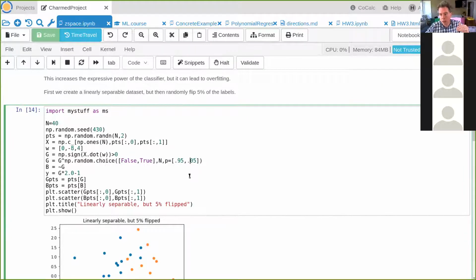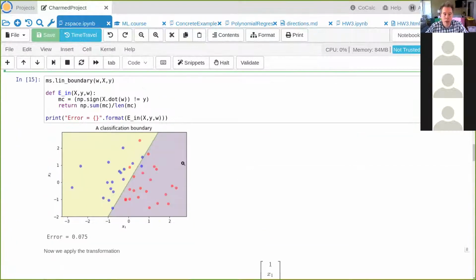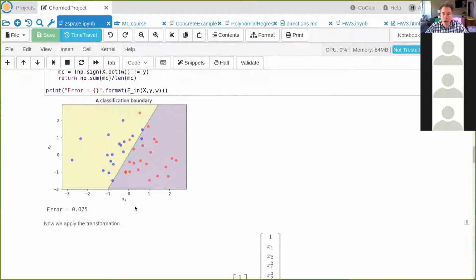It's not necessarily exactly 5%, because there's a small chance that none of them get flipped and a small chance that all of them get flipped, and so forth. So it turns out that a certain number of them got flipped. How many? 1, 2, 3, and I guess 3 flips gives you 8% error, or 7.5% error. So that's what happened.